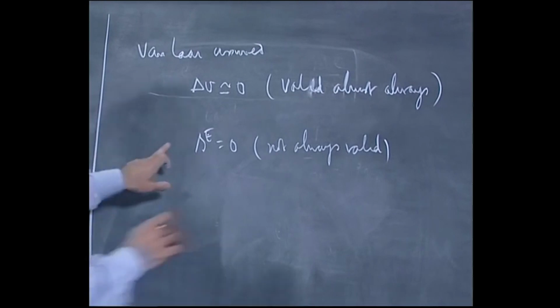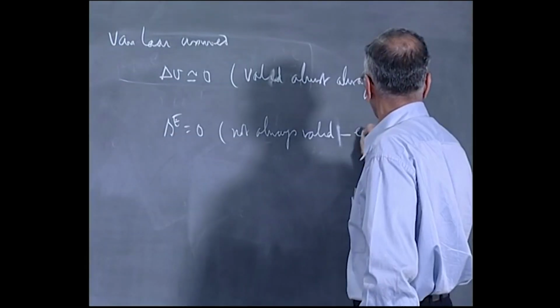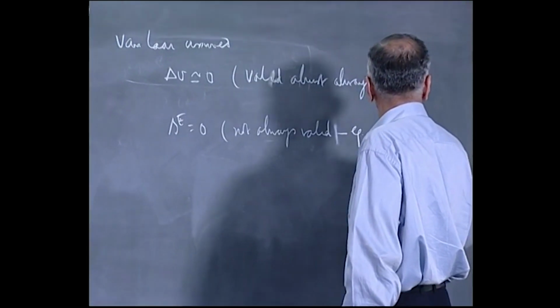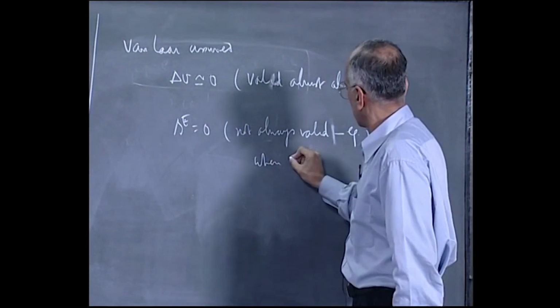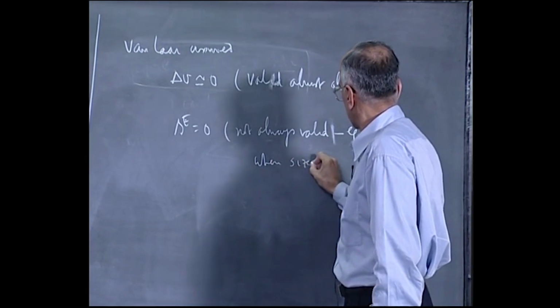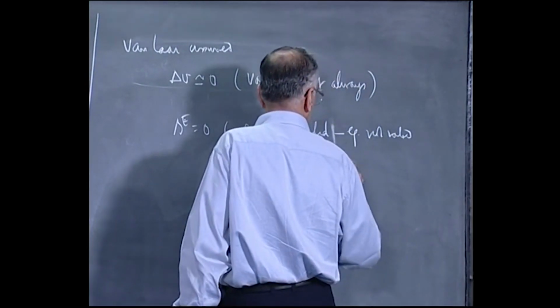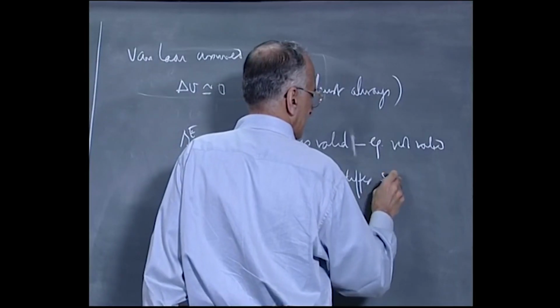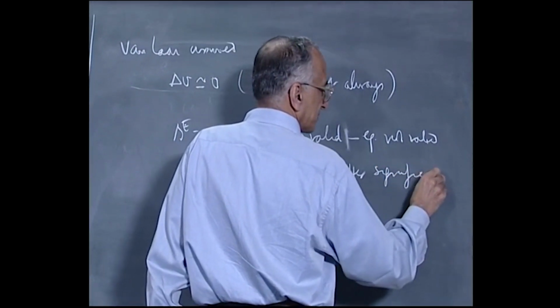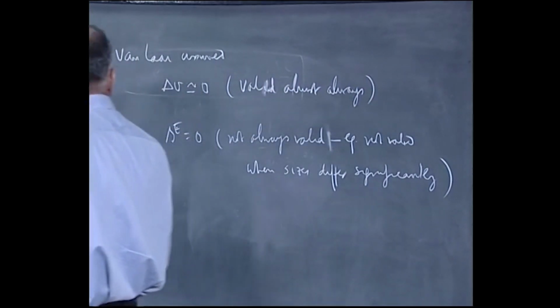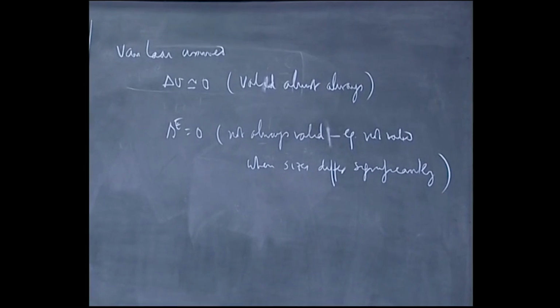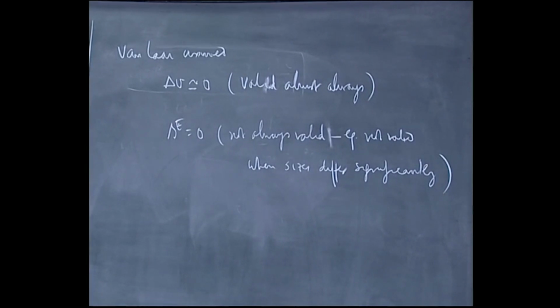But this is not always valid, I will say, for example, not valid when sizes differ significantly. So he finally said, therefore delta G is equal to delta U.